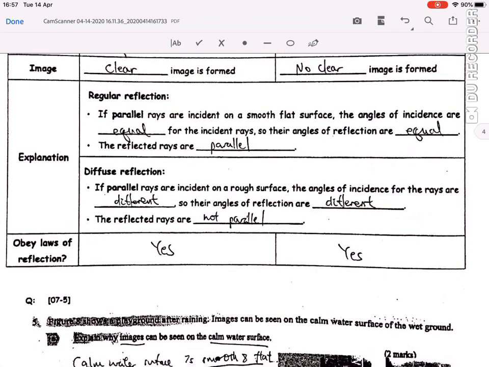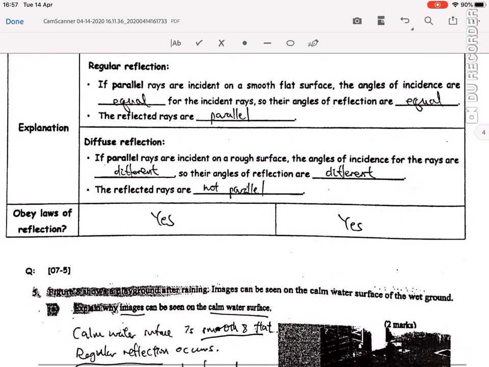Now, the explanation. In regular reflection, because all the waves are going in parallel, the angles of incidence are equal for the incident waves. So all the reflections are equal because all of them are coming in at the same angle, and all of them are coming out at the same angle as well. So all the reflected waves are in parallel. Now, compare that to the diffuse reflection.